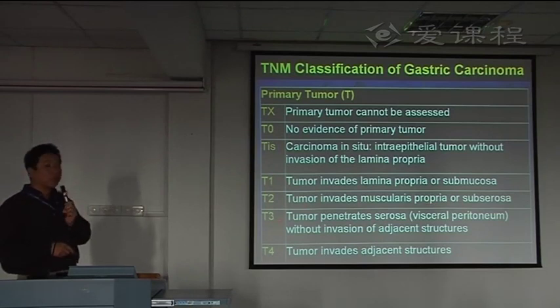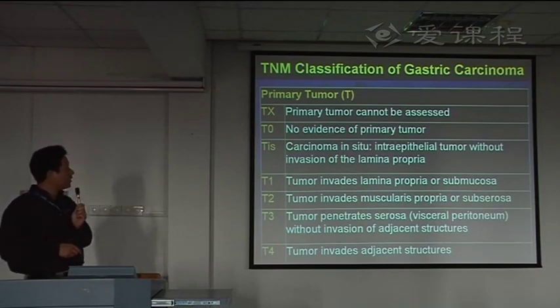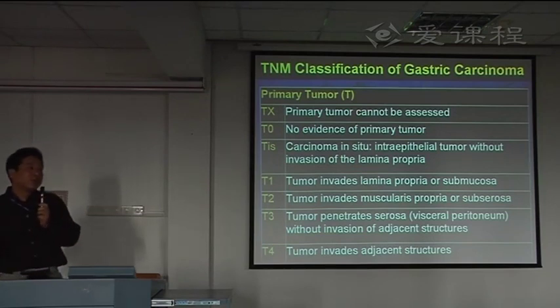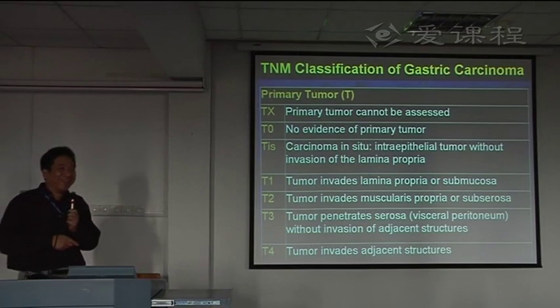T3, the serosa was involved. And T4, adjacent structures such as colon, pancreas, retroperitoneum have been invaded. This is very important. If, after graduation, you want to be an oncologist, you should master this classification.